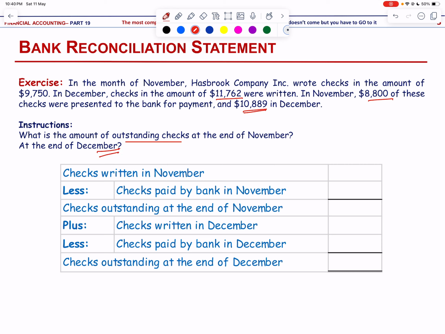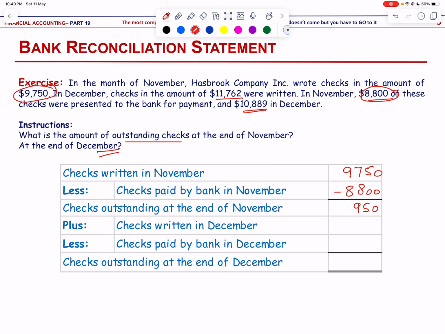So if we look at the checks that were written in the month of November, they are 9,750. From this, we are going to subtract the checks that were paid by the bank in November, and they have paid 8,800. So we subtract, that makes 950.